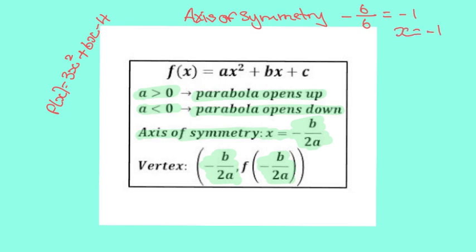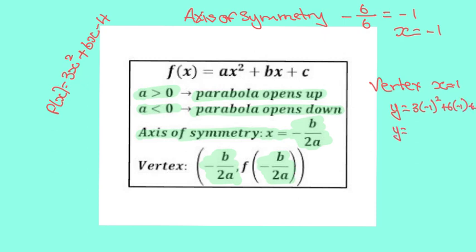The vertex is at x equals minus 1 and y equals, put minus 1 into the equation, so it is at 3 times minus 1 squared plus 6 times minus 1 minus 4.